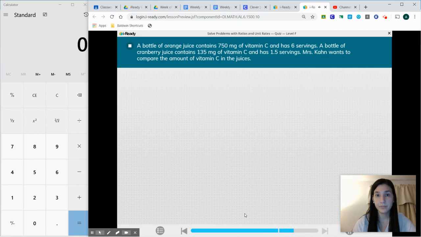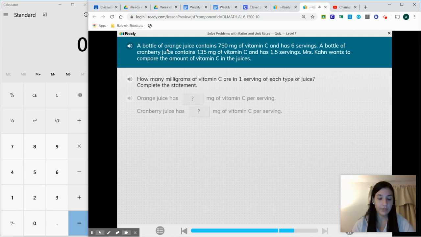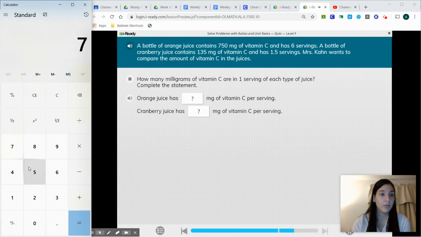A bottle of orange juice contains 750 milligrams of vitamin C and has 6 servings. A bottle of cranberry juice contains 135 milligrams of vitamin C and has 1 5/10 servings. Mrs. Khan wants to compare the amount of vitamin C in the juices. Okay, so how many milligrams of vitamin C are in 1 serving of each type of juice?